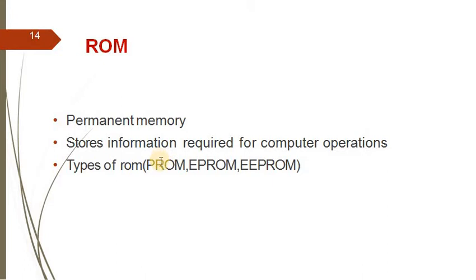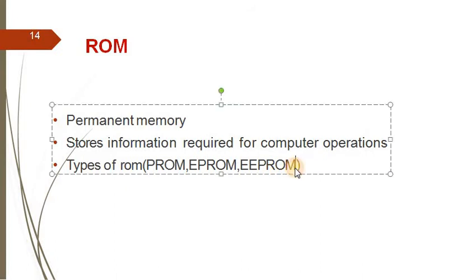Okay, the abbreviation for PROM is programmable read-only memory. EPROM is erasable and programmable read-only memory, and EEPROM is electrically erasable and programmable read-only memory. So this is the abbreviation for PROM, EPROM, EEPROM. So there is also MROM, that you call it as masked ROM.